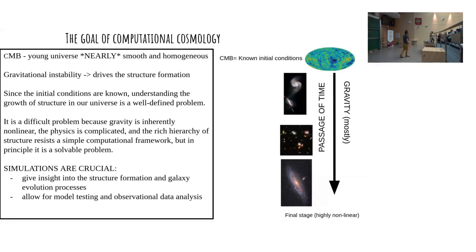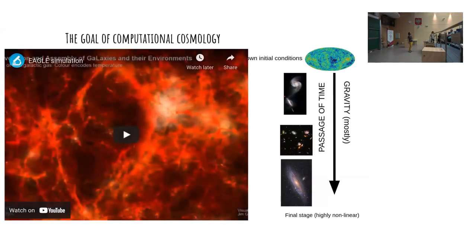So the simulations also allow us model testing, provided the physics of the model can be implemented in the engine of the computer simulation for structure formation. All right, but it's also about pretty movies.